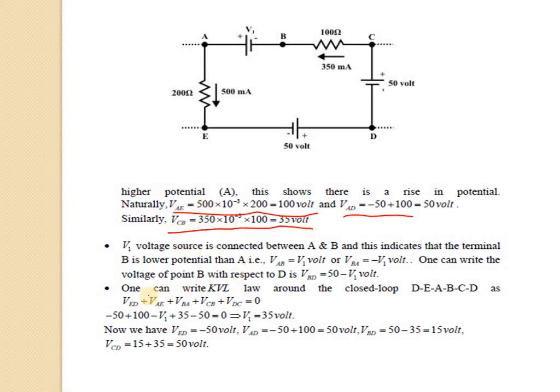Now, putting all these values using KVL in the closed loop, we will get that the value of V1 is 35 volt, VED is 50 volt, VAD is 50 volt, VBD is 15 volt and VCD is 50 volt. In this way, we can solve the simplest problem using Kirchhoff's voltage law.